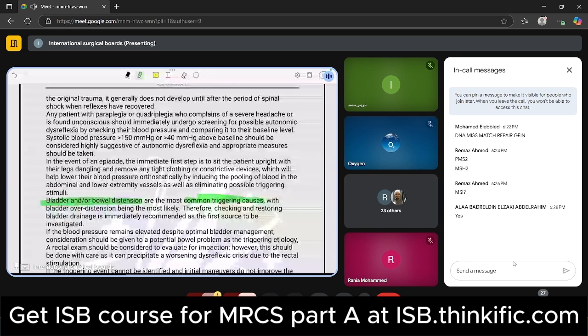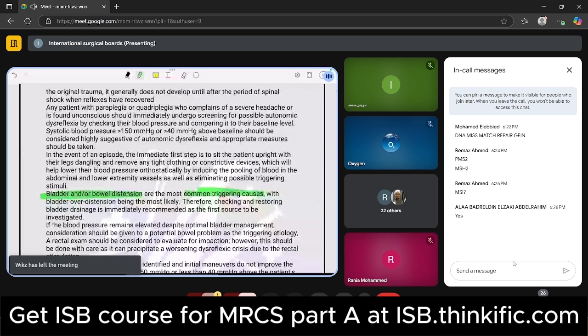That can be something in the exam: what is your initial management, or what's your initial intervention? Your initial intervention is to detect the triggering factor, like bladder overdistension, bowel overdistension, inadequate pain control. Controlling that will control the problem. Okay? Let's see the next question.